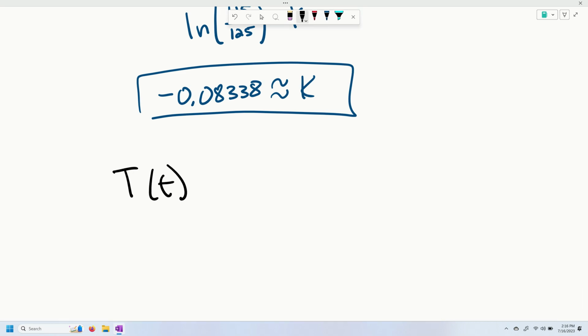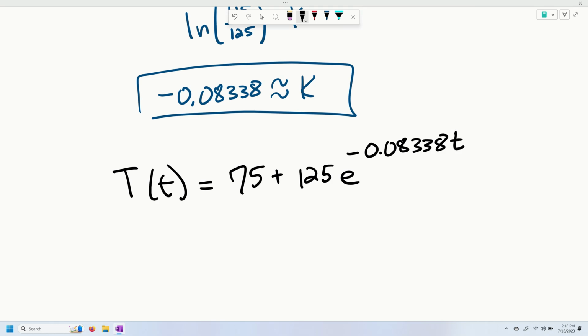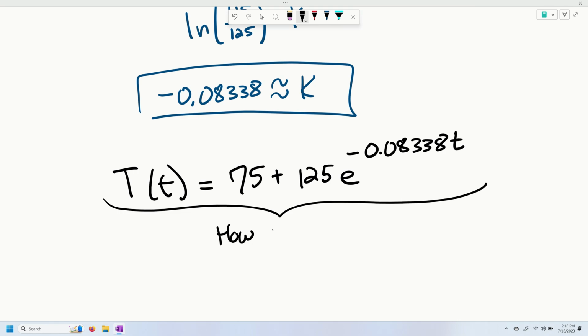Our differential equation turns into T of t equals 75 plus 125e to the negative 0.08338 to the t power. And this right here will tell us how long to wait for any desired temperature.